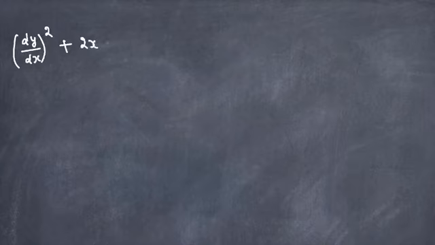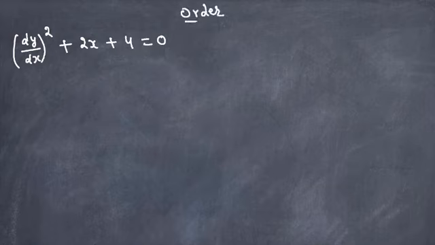So let's say I got (dy/dx) squared plus 2x plus 4 is equal to 0. First of all, we're going to talk about the order of a differential equation.